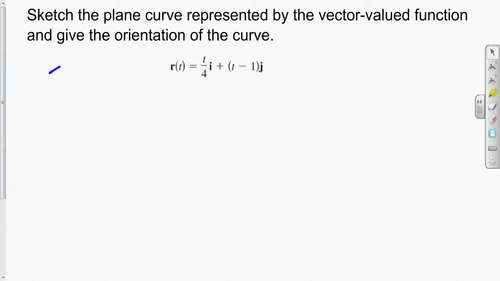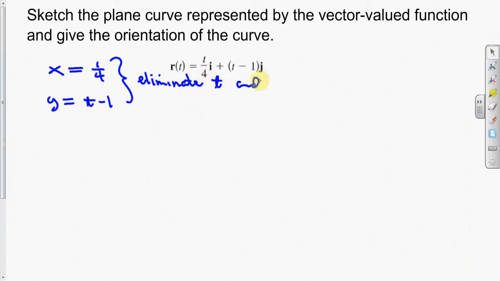So typically what we do is we solve this by saying that x is 1/4 and y is t minus 1, and then trying to draw the connection to somehow eliminate t and have the function in x and y alone.